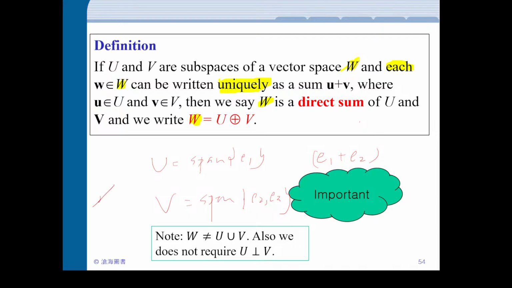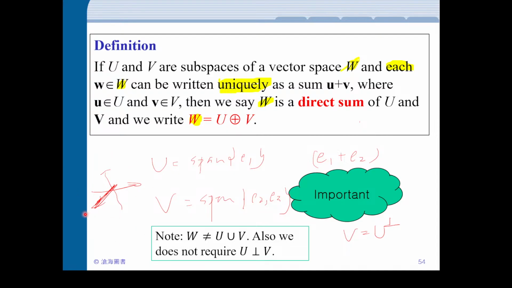Let's draw this R^3 a little bit. Here V equals the orthogonal complement of U, and they direct sum together to the whole space.